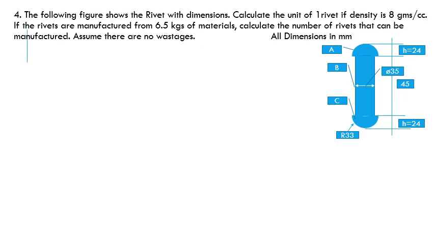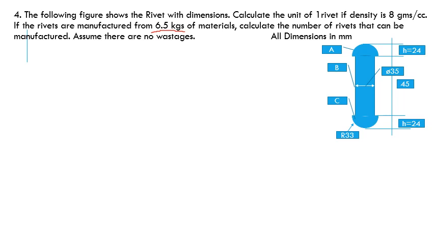So in this figure we can see a rivet head. I hope you can make it out. How to estimate the cost of a rivet head? The dimensions are given, and its density is 8 grams per cc. If the rivets are manufactured from 6.5 kgs of material, calculate the number of rivets that can be manufactured from this total material of 6.5 kgs.